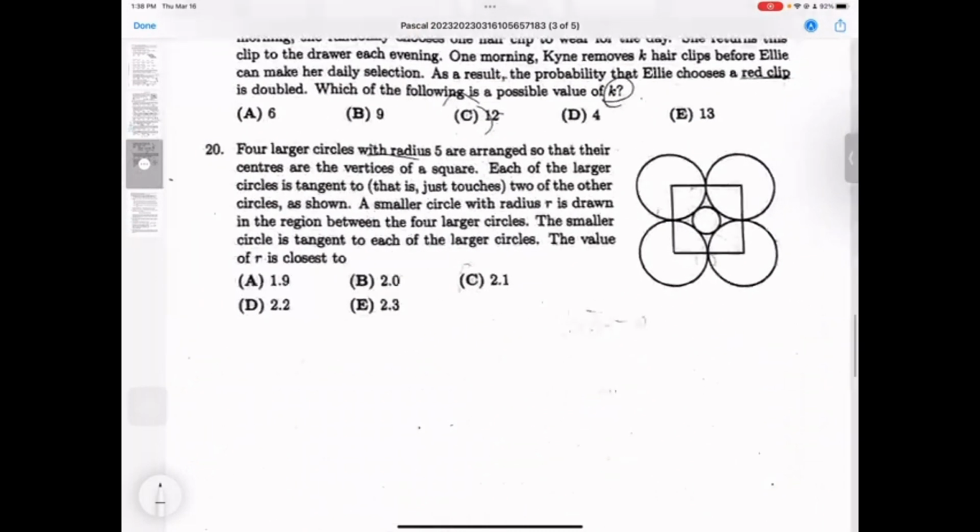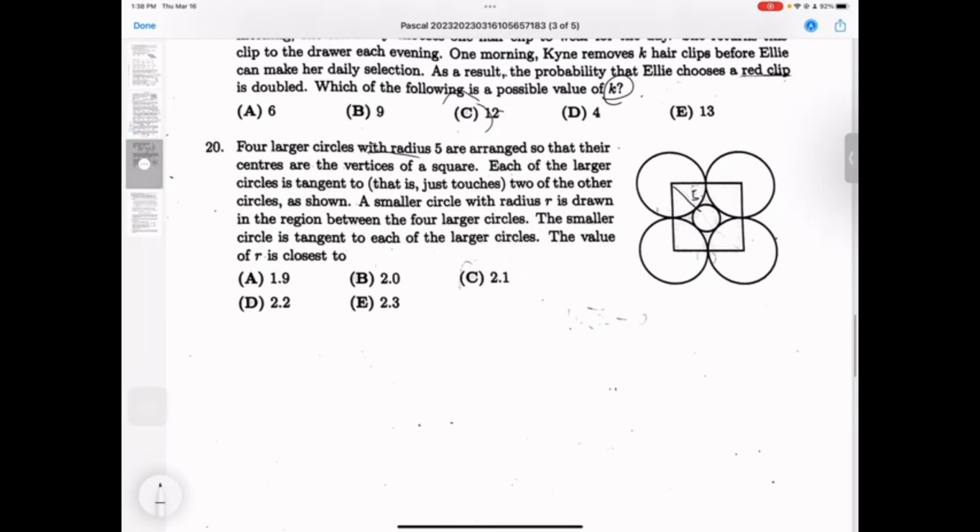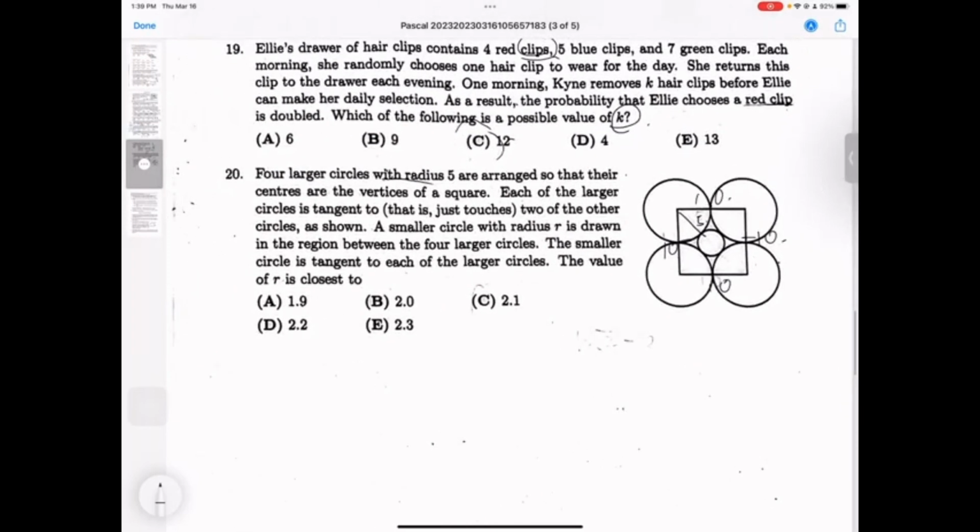And so question 20. We know that the radius of these 4 congruent circles is 5, so we can find out this is 10, and the square, so these are all 10s. Then we need to find the radius of a smaller circle, and this is r.